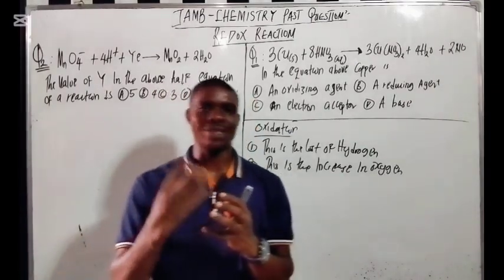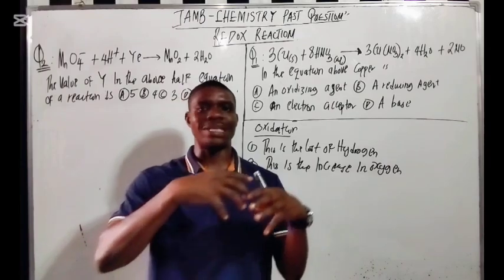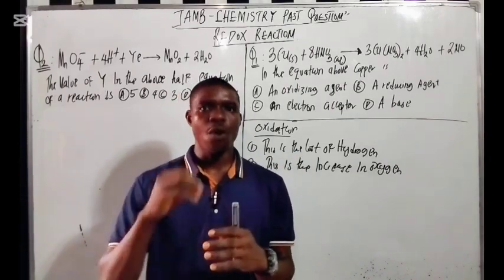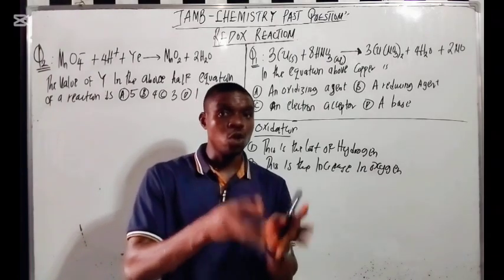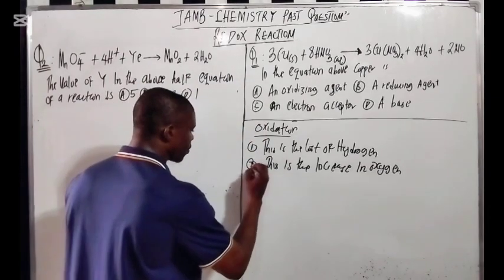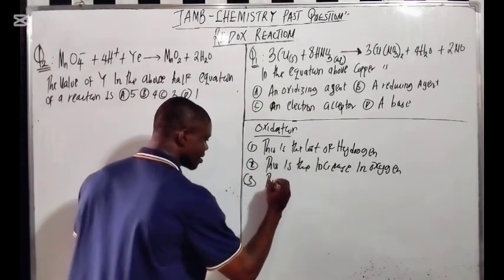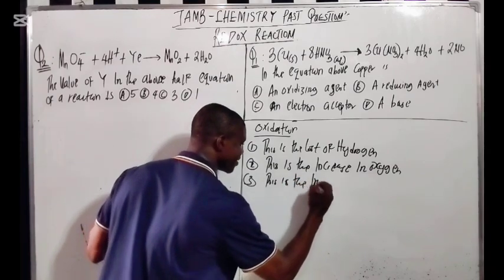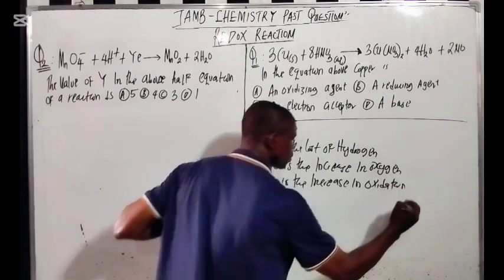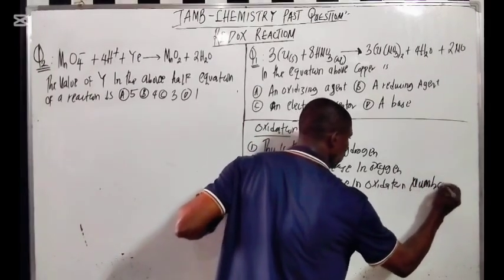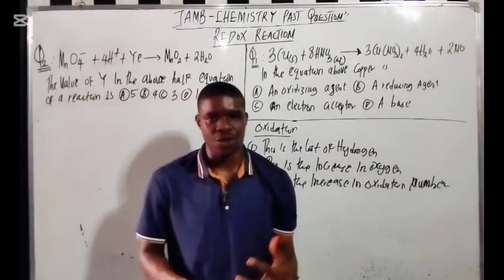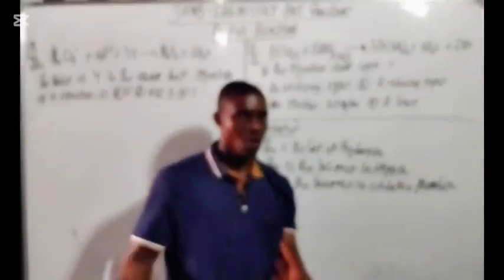The species that gains oxygen is oxidized, and the species that loses hydrogen is oxidized. Very important. The last one, number 3, this is the increase in oxidation number. Whenever a species increases in oxidation number, it is oxidation.